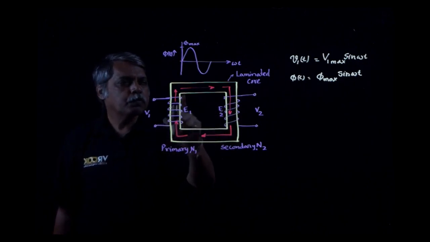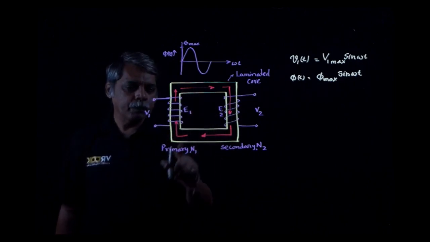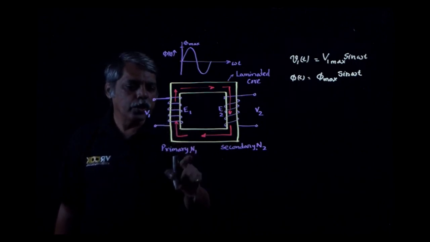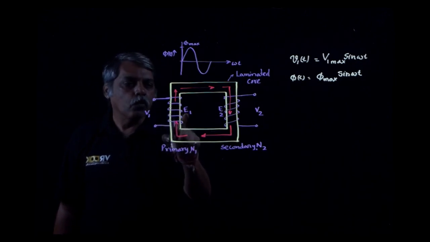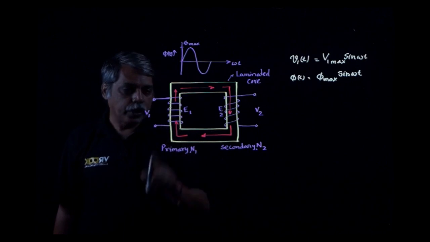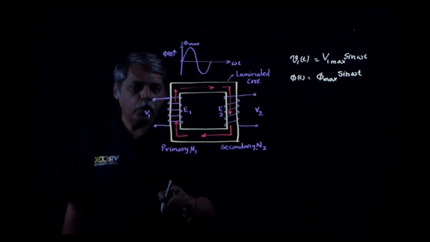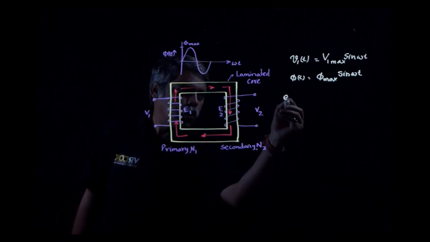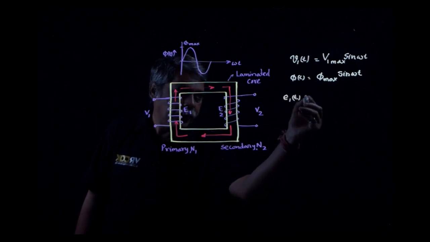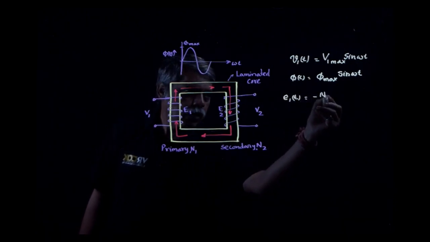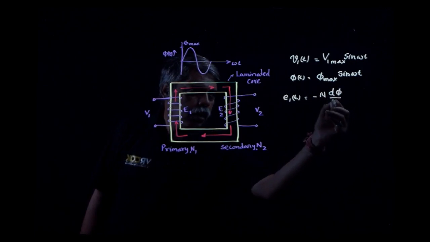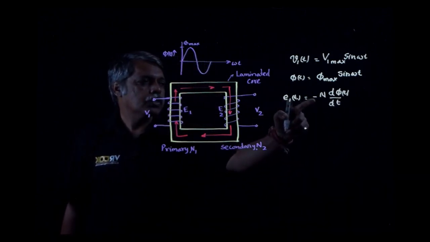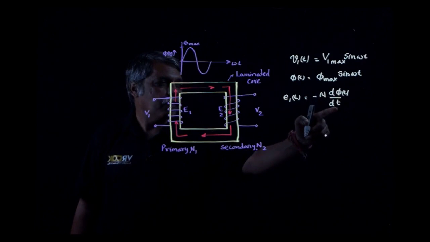Similarly, the flux produced by the primary winding in the magnetic core links with the primary winding of N1 turns and gives an induced voltage of E1 volts, which is the RMS value. Considering the instantaneous value according to Faraday's laws of magnetic induction, the instantaneous voltage induced in the primary winding is given by E1 of t equals minus N d phi of t by dt.